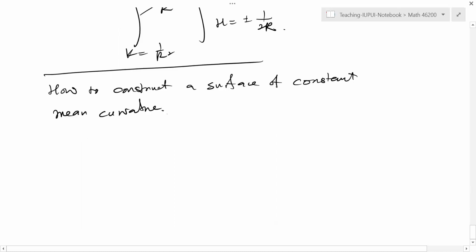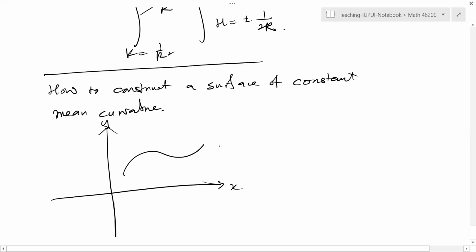But this time I make it easier. Here the x-axis and y-axis. I can construct y equals f of x, right? And then I rotate around the x-axis.